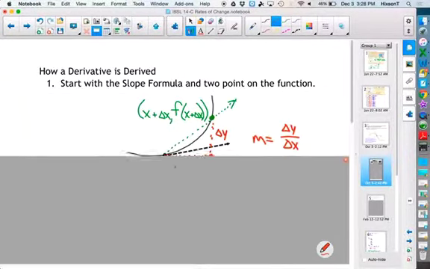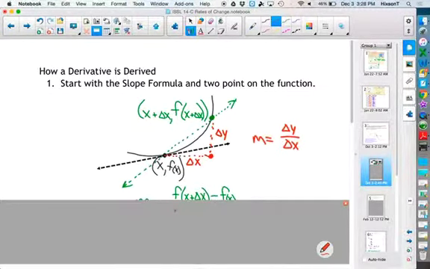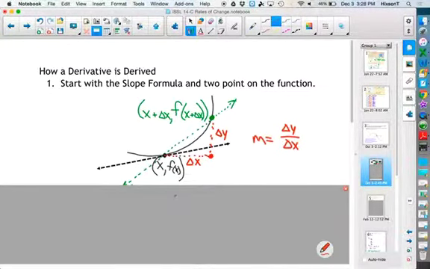So one of the points is going to be x and f of x. The other point, and you'll notice we have this function here that we're dealing with, and we want to find the derivative or the rate of change at that moment right there, at this point x, f of x. So we add an unknown amount to x, and we call that difference delta x.